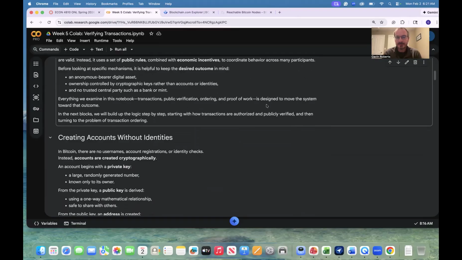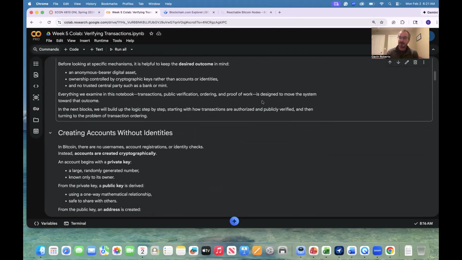Before looking at specific mechanisms, it is helpful to keep the desired outcome in mind for cryptocurrency systems. Remember, we just said rules and incentives lead to outcomes. So if we have some desired outcomes, these are what the incentives are that humans respond to. How might we set up the rules to get to those desired outcomes?